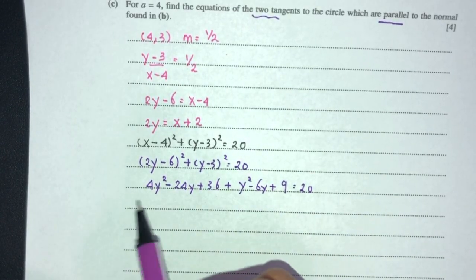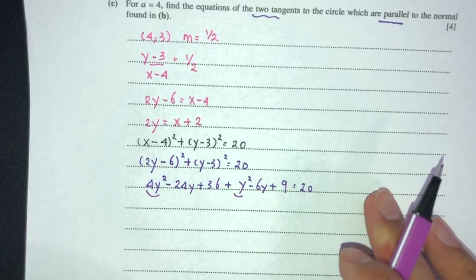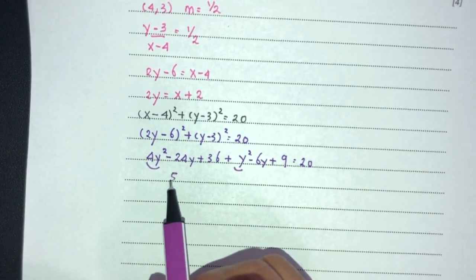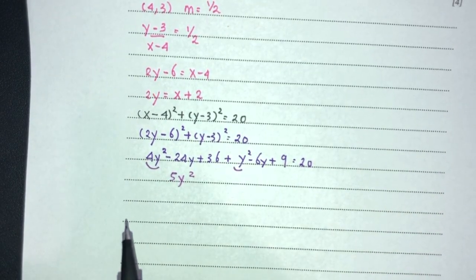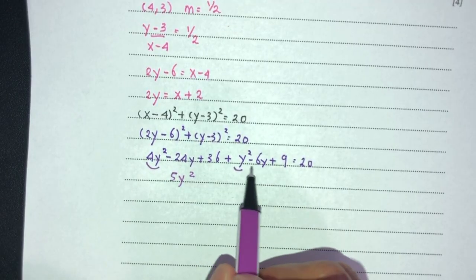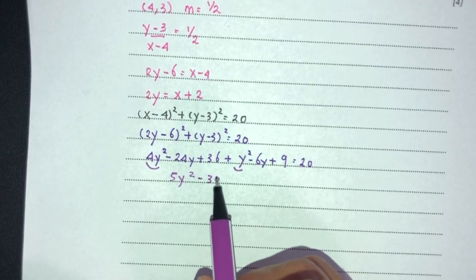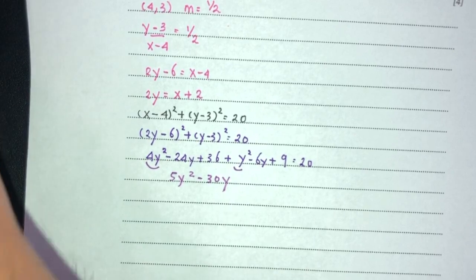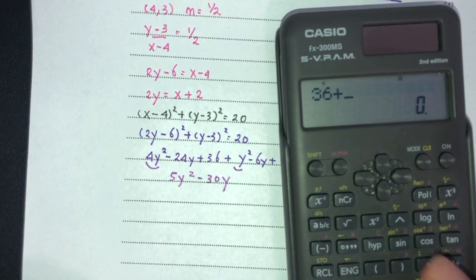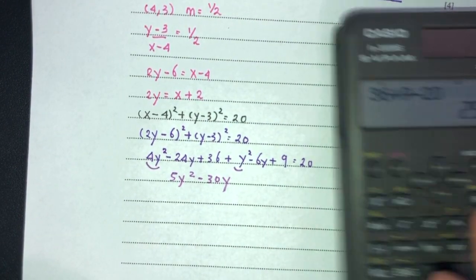Now simplify this and this, that will become 5y squared. Then we have this and this, that will become minus 30y. And finally we have 36 plus 9 minus 20, that will become plus 25.